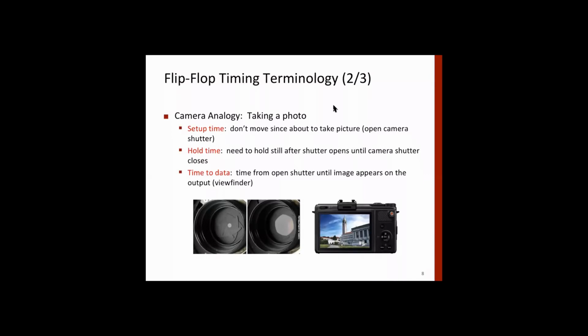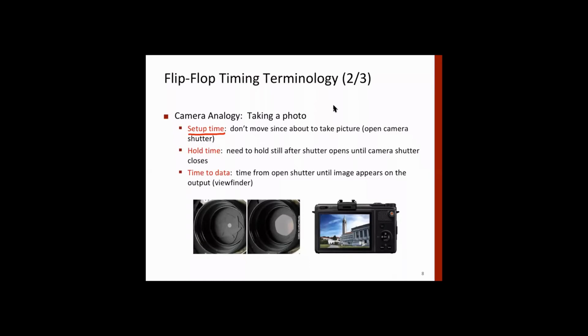And if you've done SLR photography, I'm sure you would be familiar with some of these terminologies. If you're going to take a portrait, for example, the person is stationary for some time, and we call this a setup time. During the setup time, don't move.